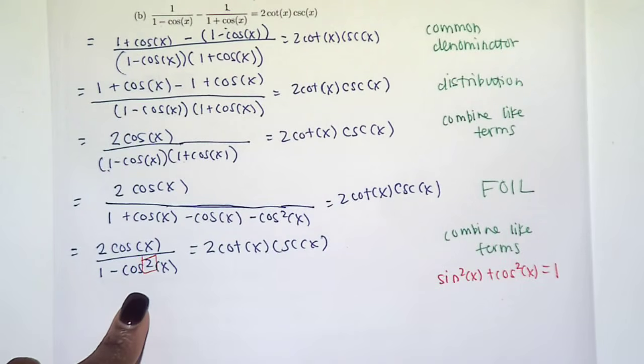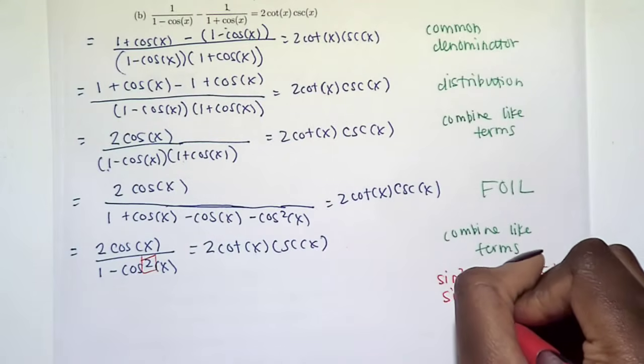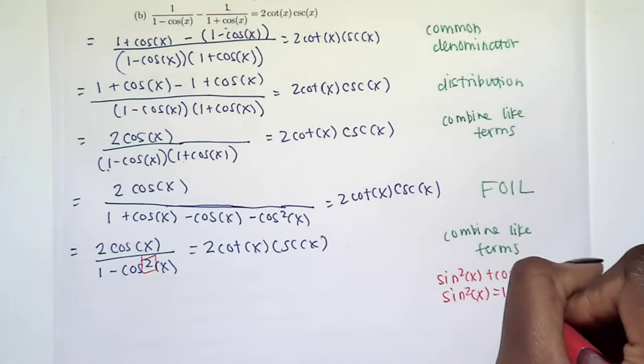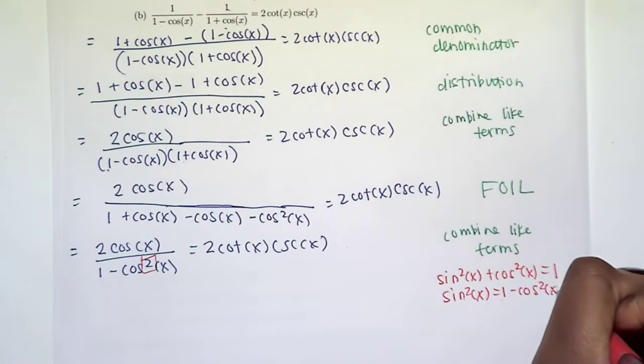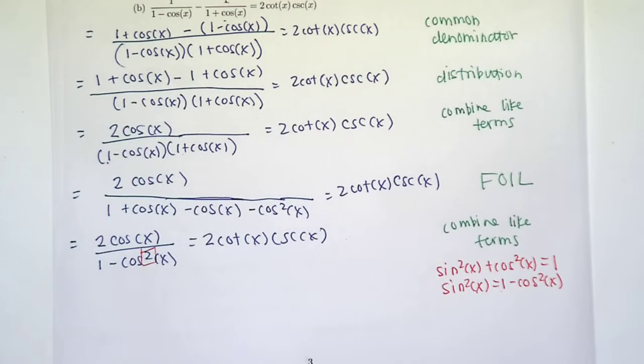Well, notice I have a 1 minus this. What happens if I subtract cosine squared on both sides? All right, so subtracting cosine squared on one side just gives me sine squared x.